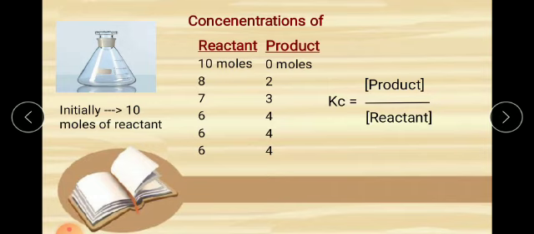So, by putting these values of concentration in the Kc expression, concentration of product over concentration of reactant, we will be able to find the value of Kc. So, by using these two methods, we find the concentrations and the value of Kc.